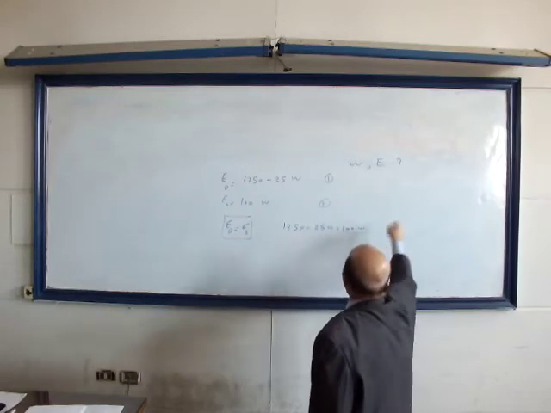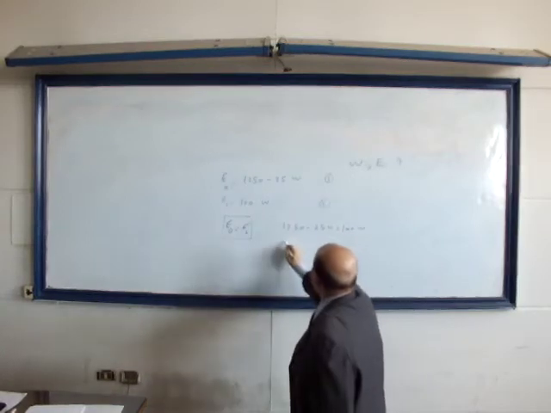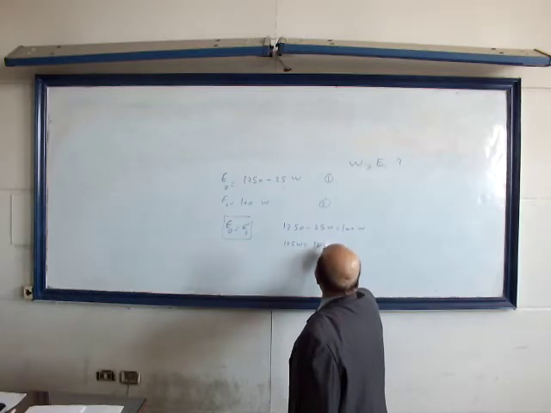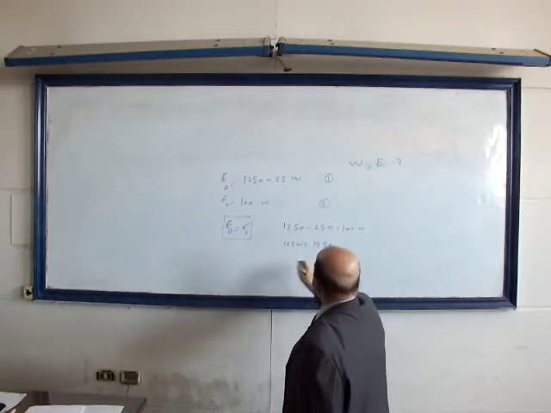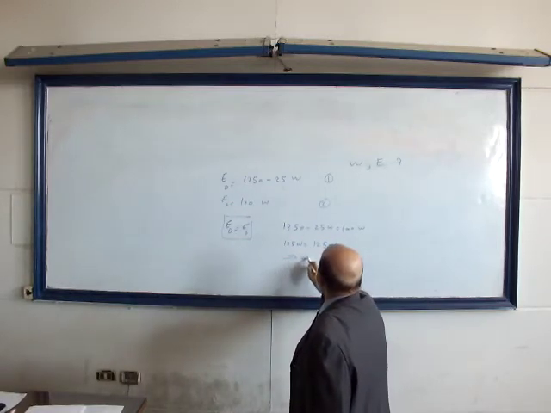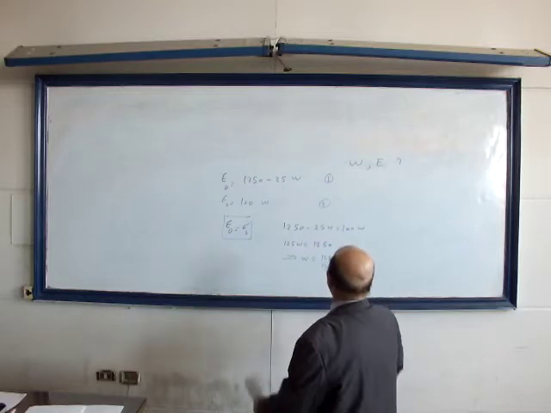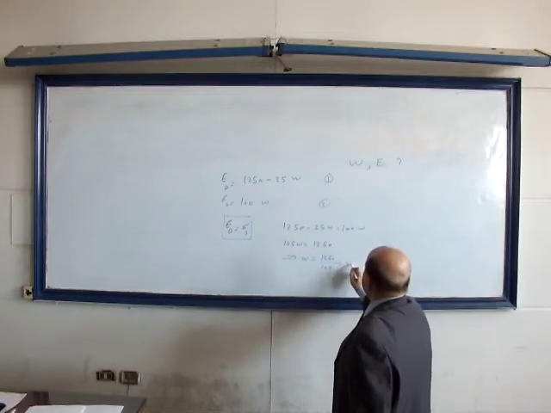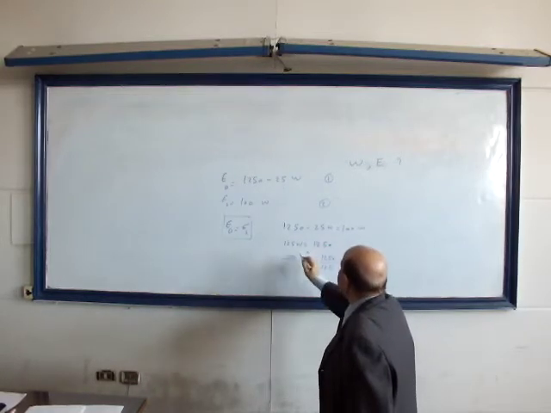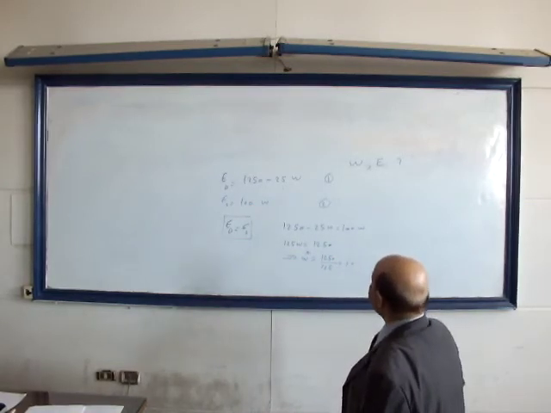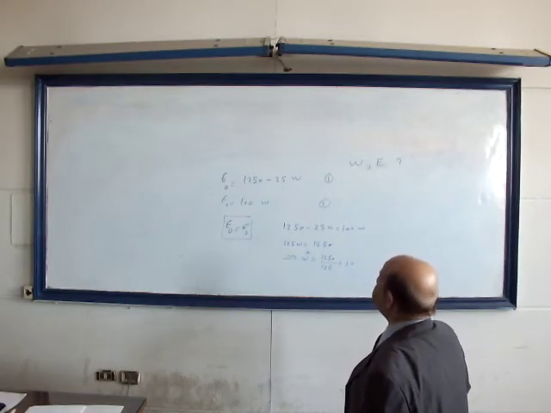If you move W to the other side, you get 125W equals 1,250. From this, W is just 1,250 divided by 125. This is 10. We call this W star. So this is the competitive wage if the labor market were perfectly competitive.